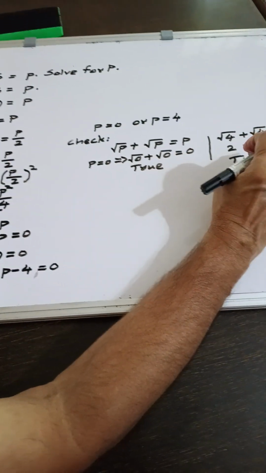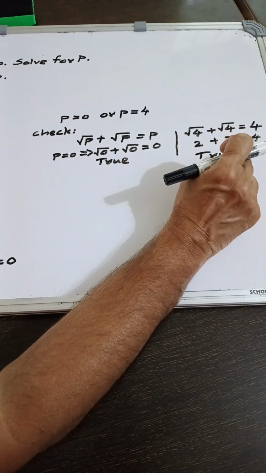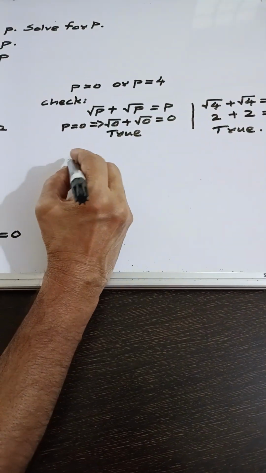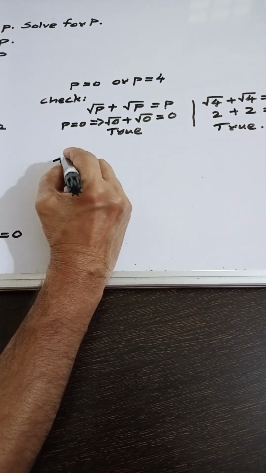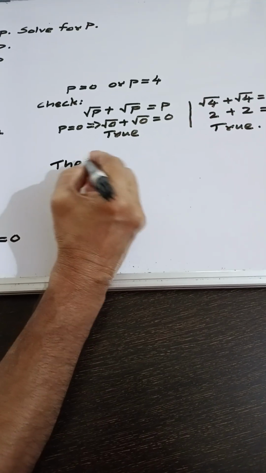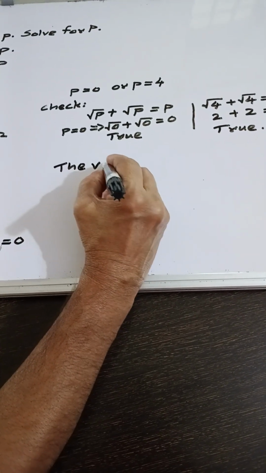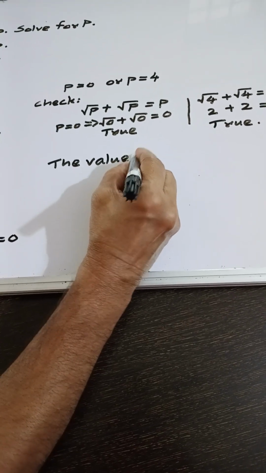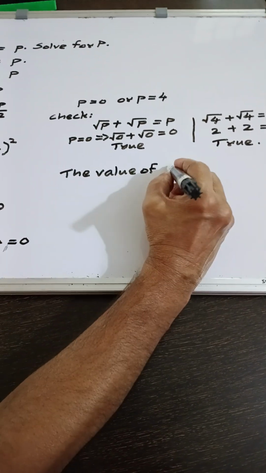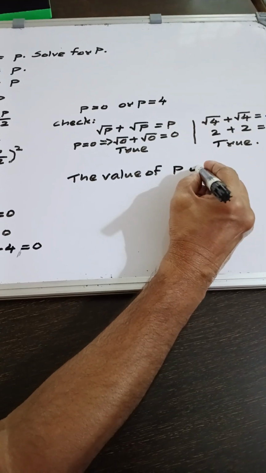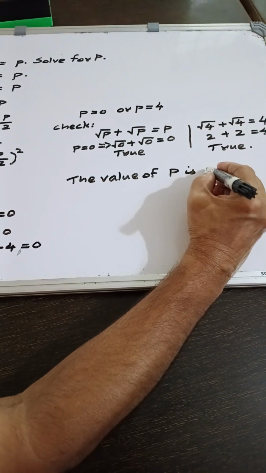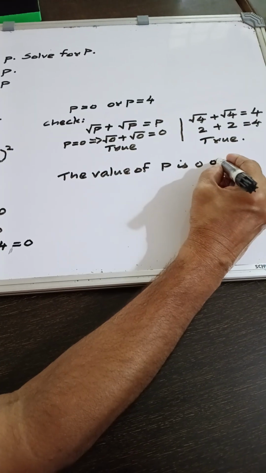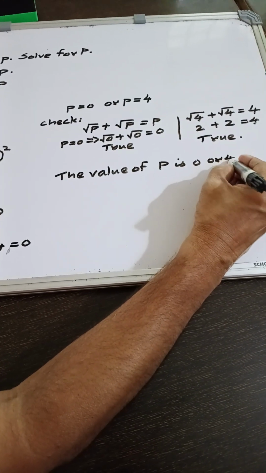When p equals 4, we get the correct answer, true. Therefore, the value of p is 0 or 4.